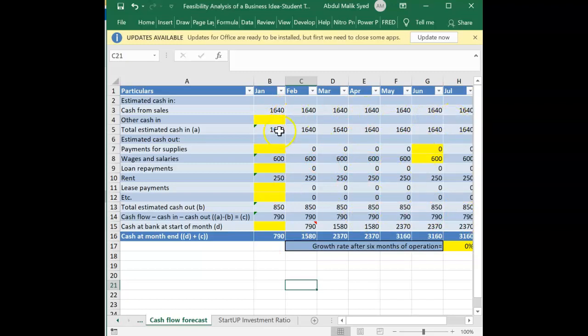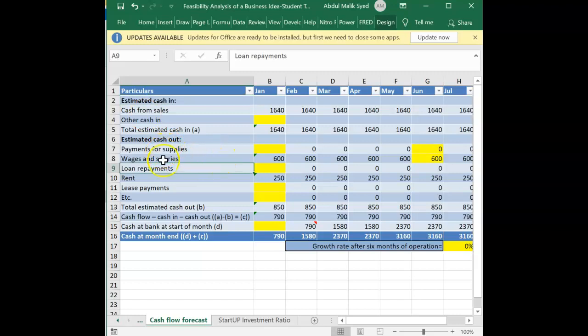Automatically this will be taken because for the cash from sales, I'm simply linking it to the different months' sale. Then the total estimated cash in is coming here. But suppose you have some other cash sales, you can put them here. Then the estimated cash out, so let me just bold this.